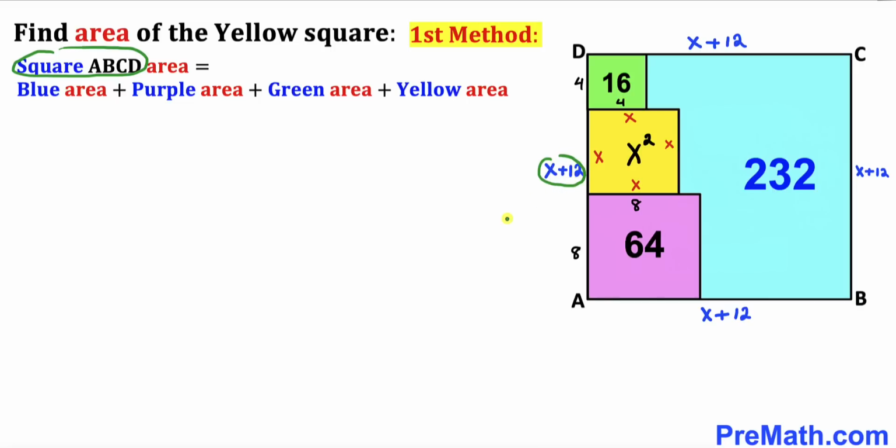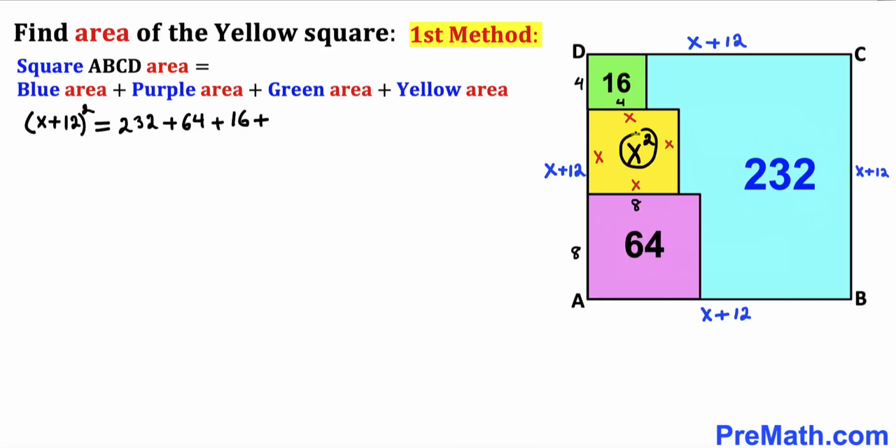So this is going to be simply (x plus 12) squared. So let's go ahead and fill in the blanks in this equation. Our area of the square ABCD is (x plus 12) squared equals, blue area is 232, plus purple area is 64, green area is 16, plus this yellow area is x squared.